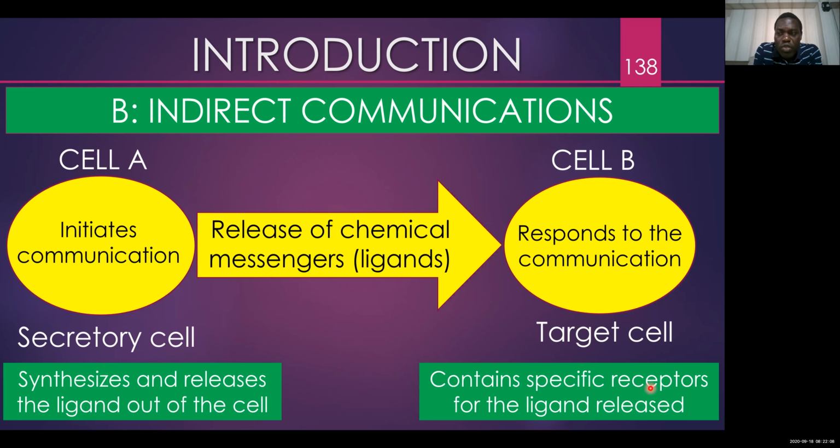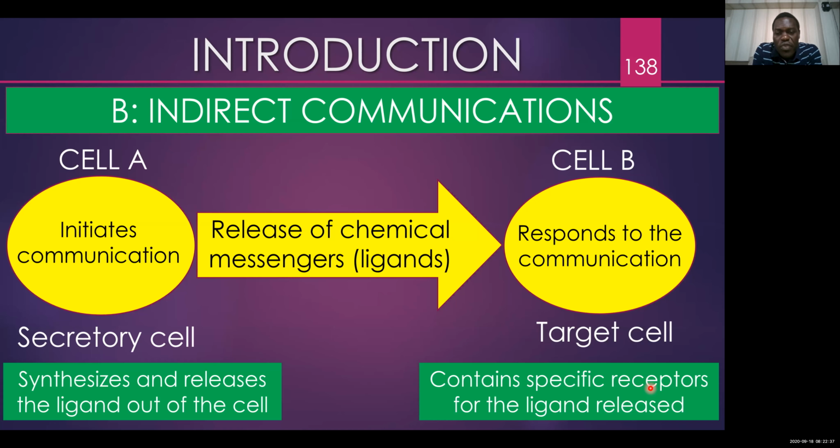So the ligand could be a hormone, for example. It means that the secretory cell will release the hormone. Take for example, your pituitary gland producing, let's say, growth hormone. You want this growth hormone to stimulate some cells in your bone. Let's say it's in the femur.